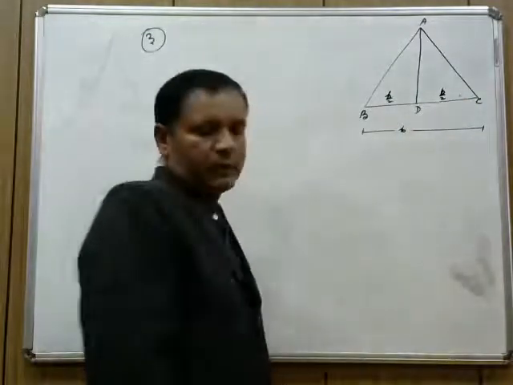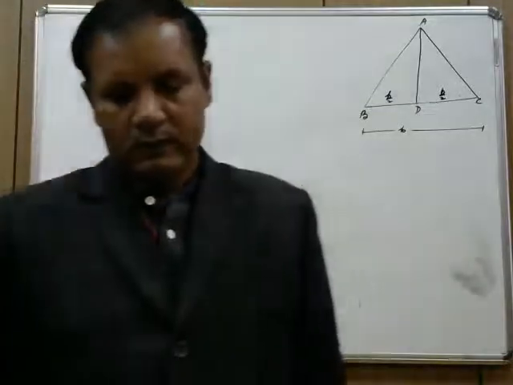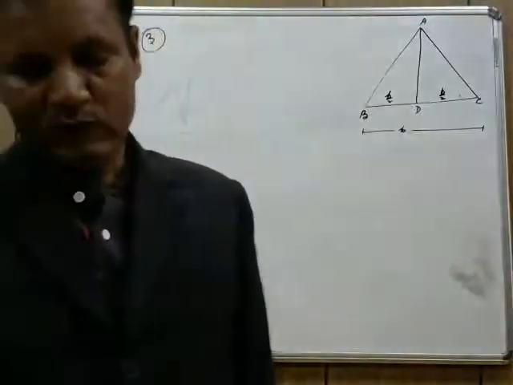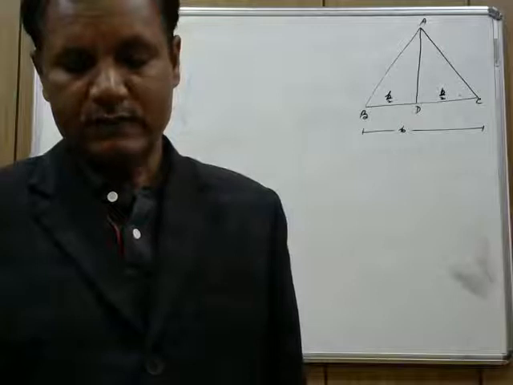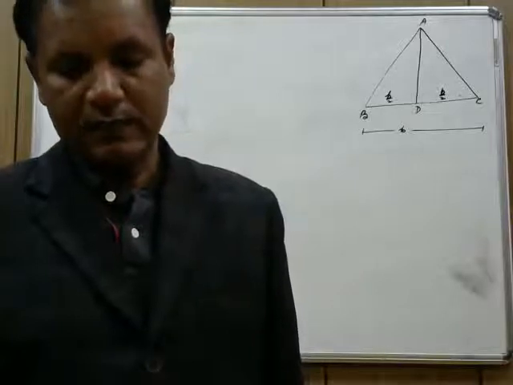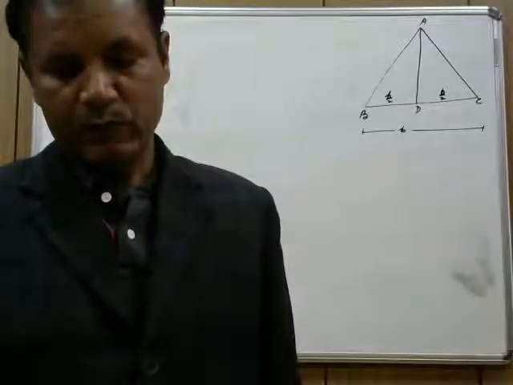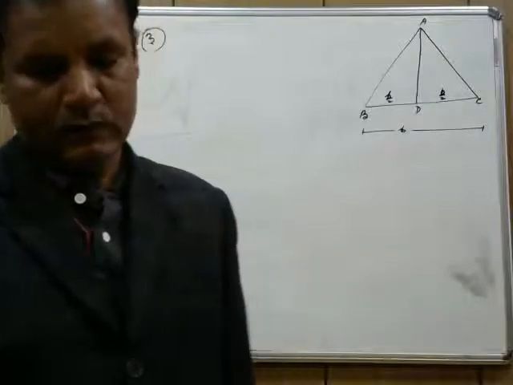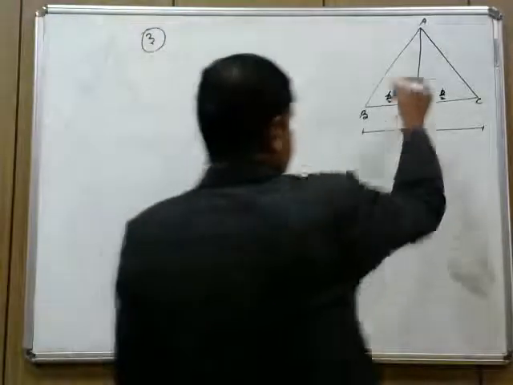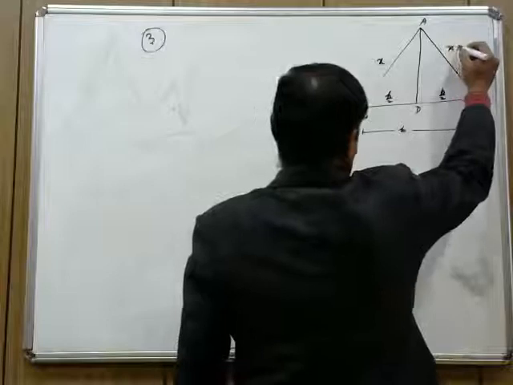It is given that the two equal sides of an isosceles triangle with fixed base B are decreasing at the rate of 3 centimeter per second. We don't know what the equal side is. Let the equal side of the triangle be x centimeter.